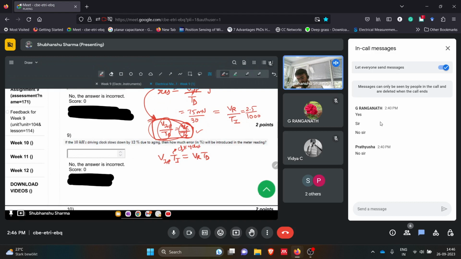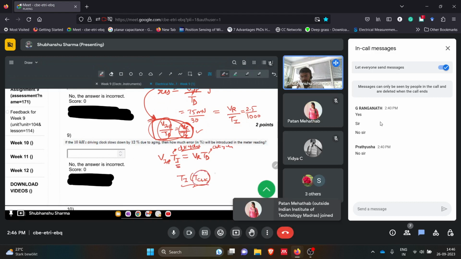This is also the number of clock cycles, but this is not the time taken. If we want to calculate the time, then it would be Ti into T clock, that is the clock time for one cycle. This is the total time for the integration period, but this is only the cycles. In our formula there's only mention of the cycles, not the total time, that is TCLK.